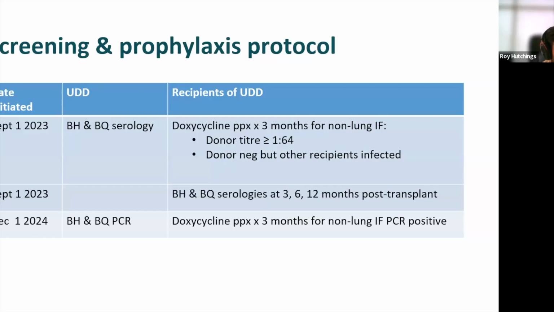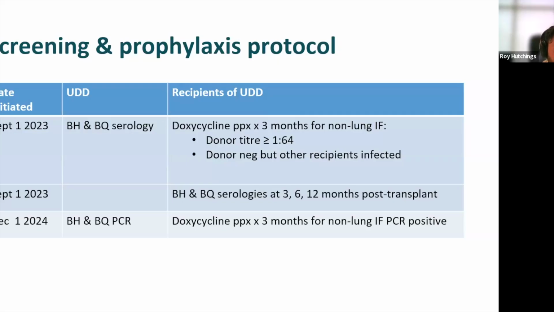At the same time in September, we also started doing serology tests for Bartonella henselae and quintana for all recipients of unhoused deceased donor organs at 3, 6, and 12 months post-transplant, though this was descriptive and did not impact prophylaxis.